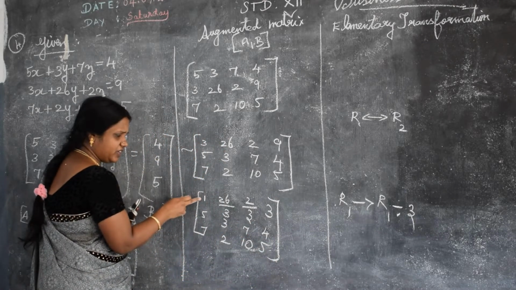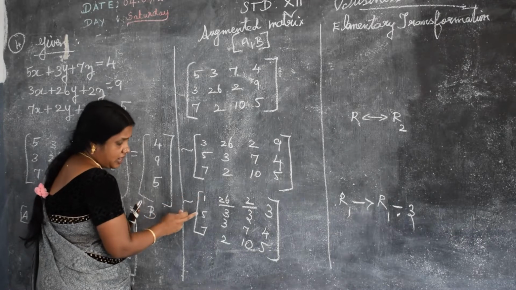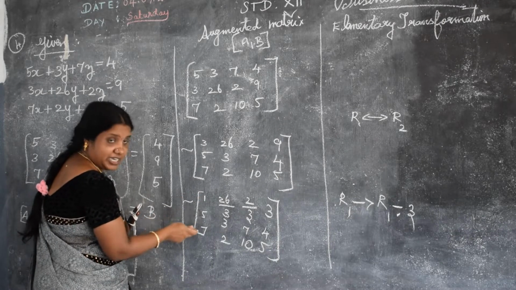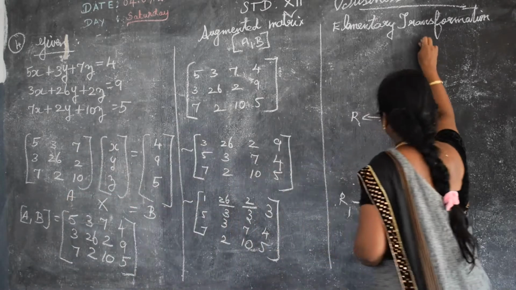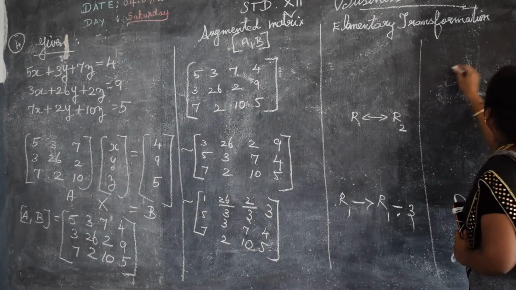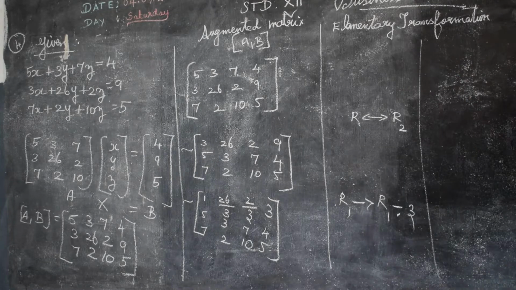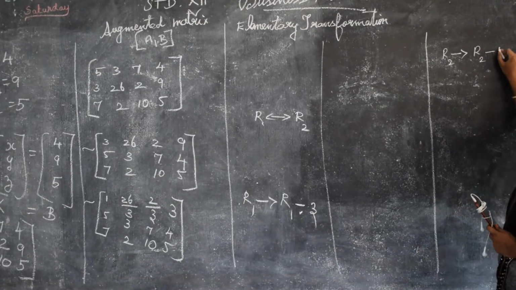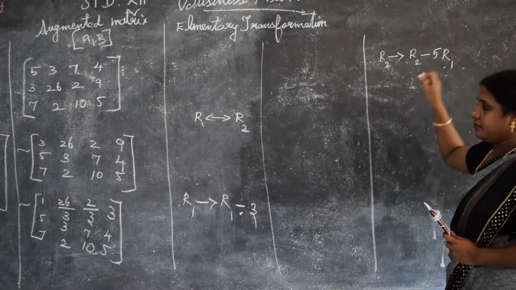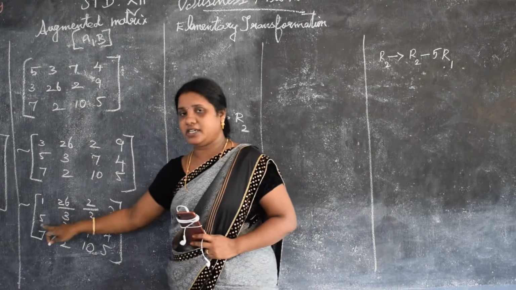Now I got the first row, first element as 1. Again, here I have to get 0. So I am going to change R2: R2 minus 5R1, because in R2 the first element is 5.